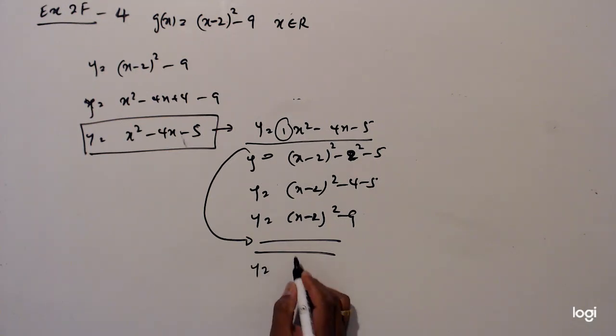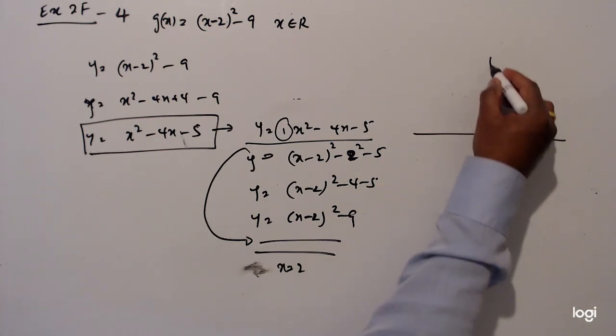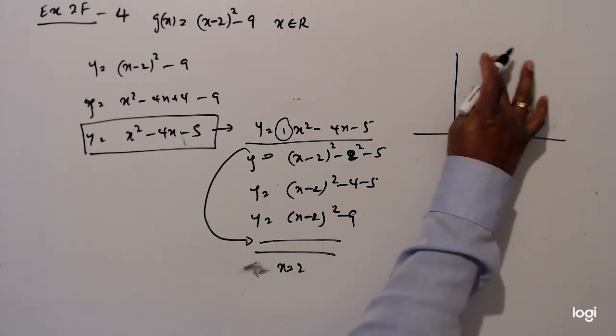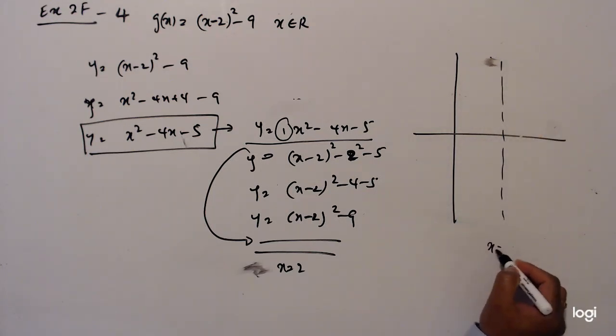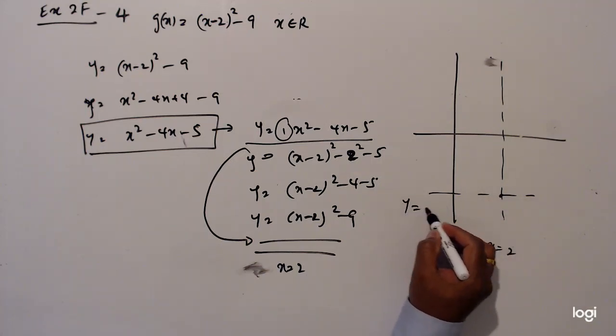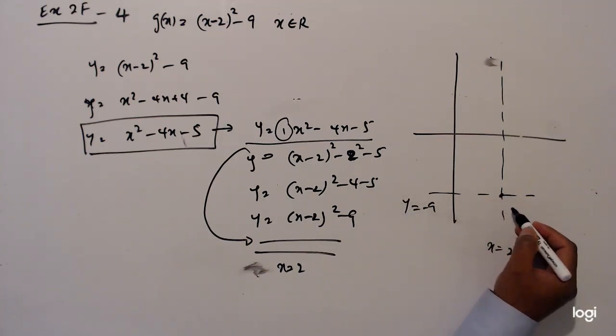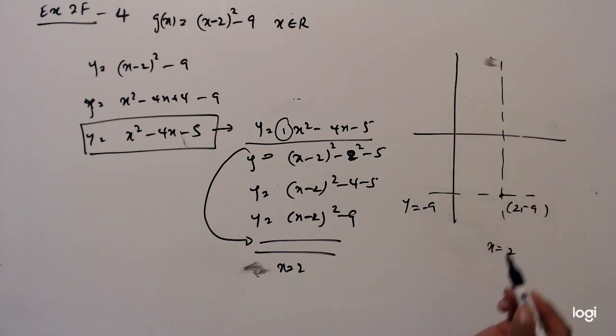Hence x equal 2 is the symmetric line, and so this is x equal 2, and this is the y equal minus 9 line. So this point is 2, minus 9.